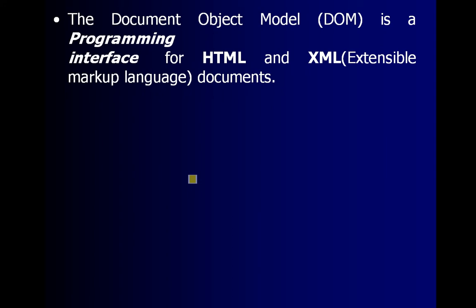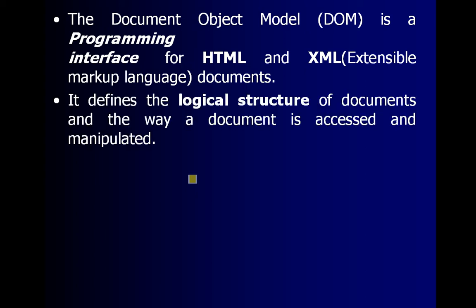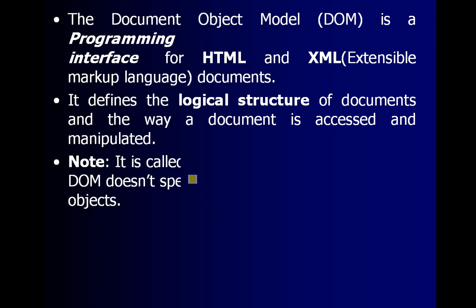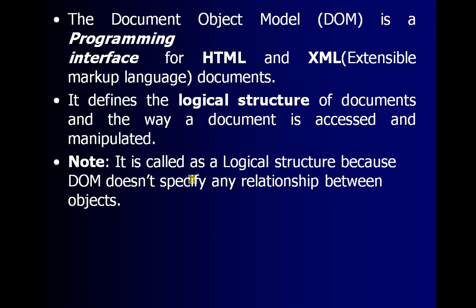So in simple words, what is DOM? DOM is a programming interface for HTML and XML documents. It defines a logical structure. We use the term logical structure because we don't specify any relation, we only specify the structure.